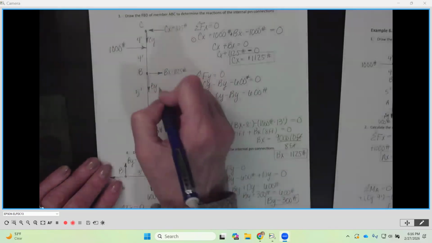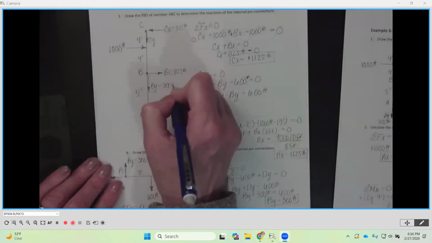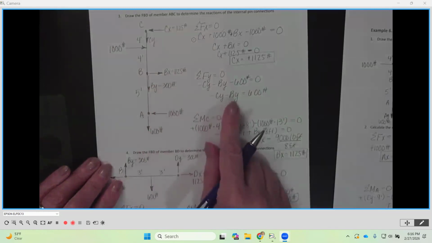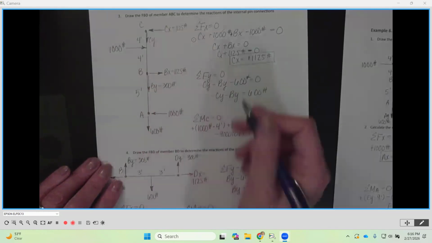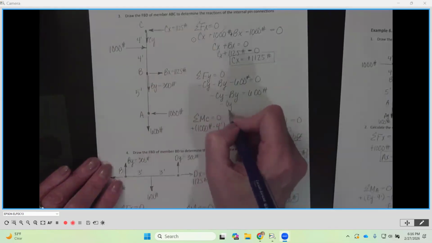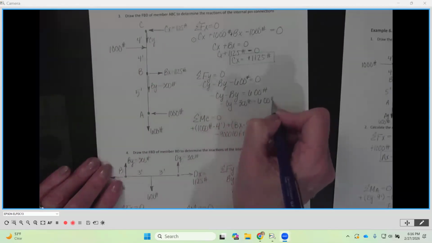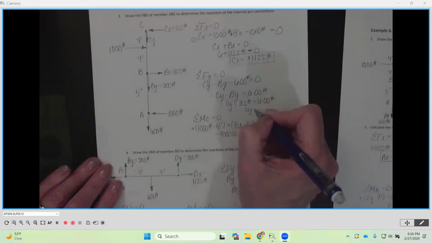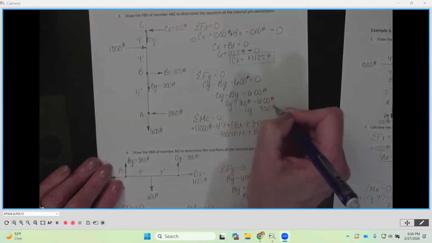So we know now that BY is 300 pounds going down. We can plug it in over here. We're going to have a negative CY minus 300 is equal to 600 pounds. That 300 is going to go to the other side, so we're going to have negative CY is equal to 900 pounds.